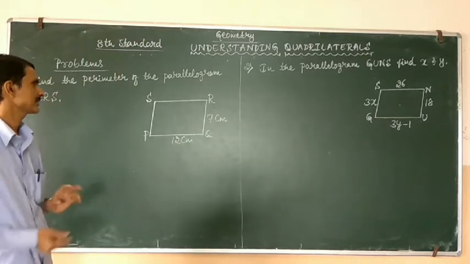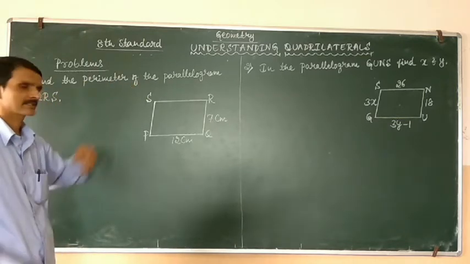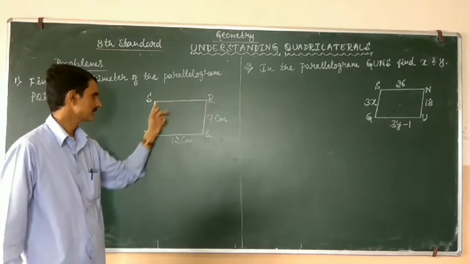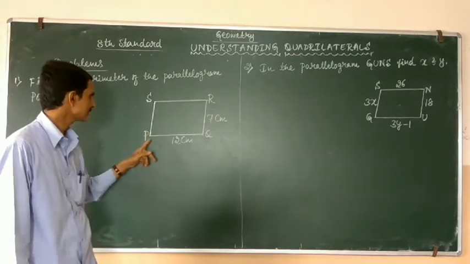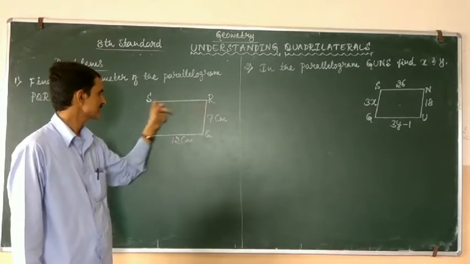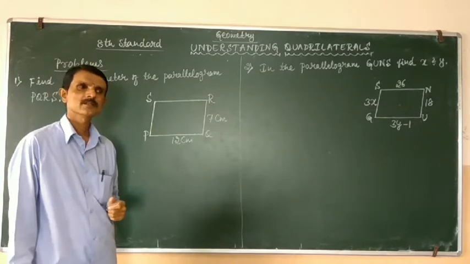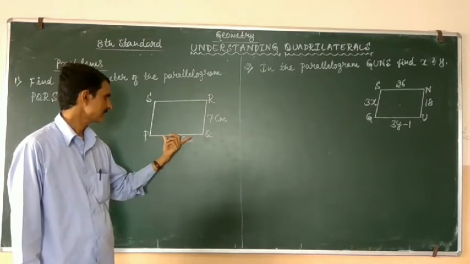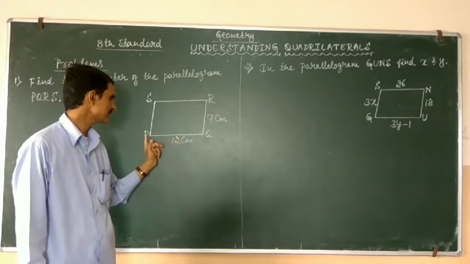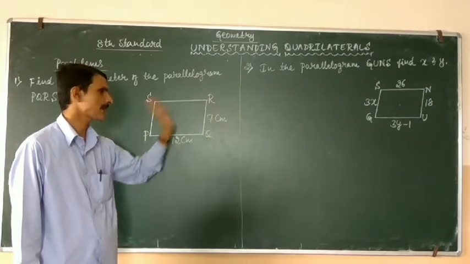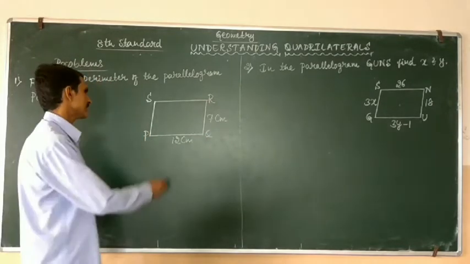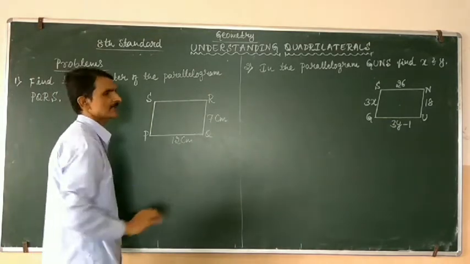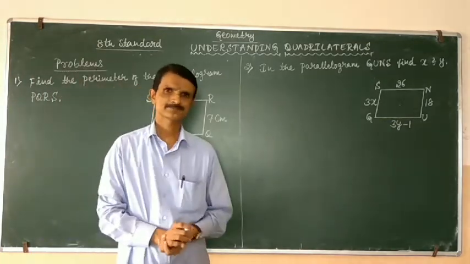In the figure, PQRS is a parallelogram, and they have given the lengths of sides PQ and QR. So we have to find the perimeter of the parallelogram.